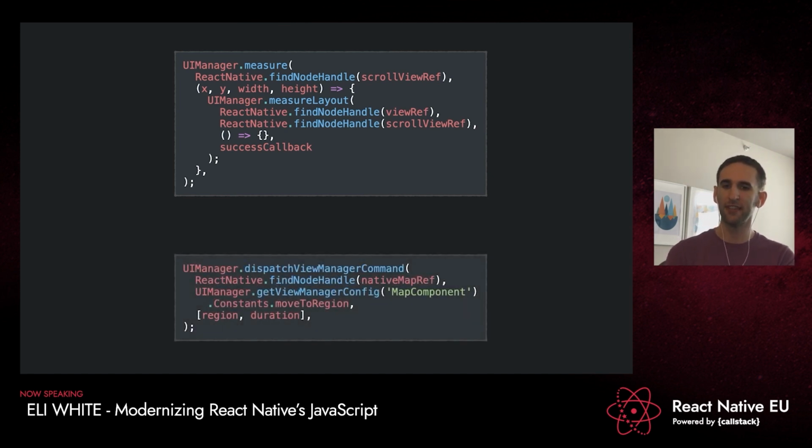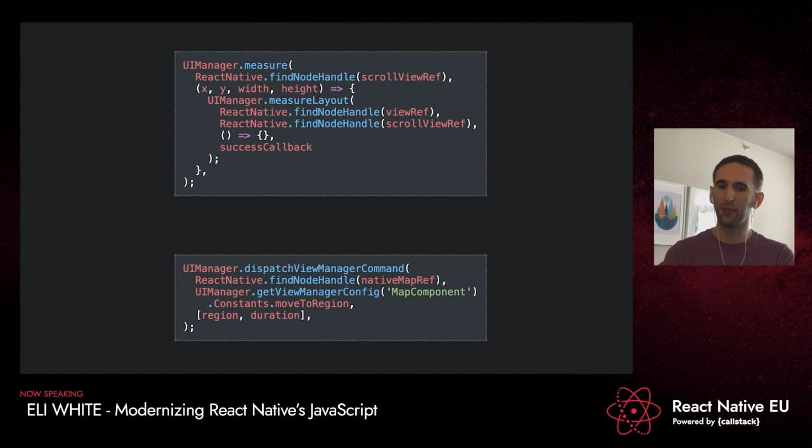One of the other examples is view manager commands. This is another method on UI manager. View manager commands are like methods on a component. So if you've ever used scroll to or flash scroll indicators, or if you have a map and you want to call move to region to zoom the map to a different location, these are imperative methods on a component.